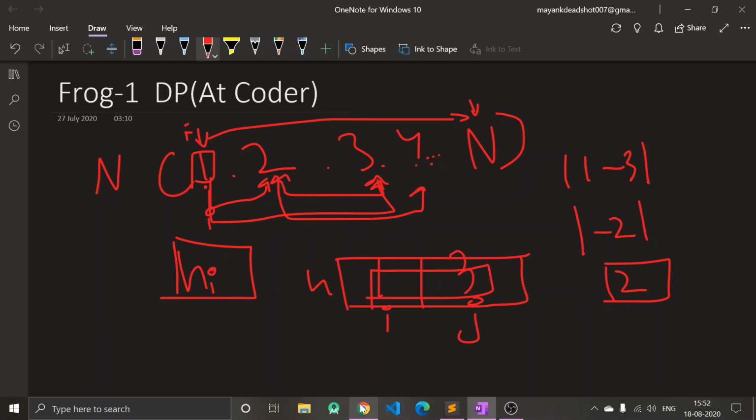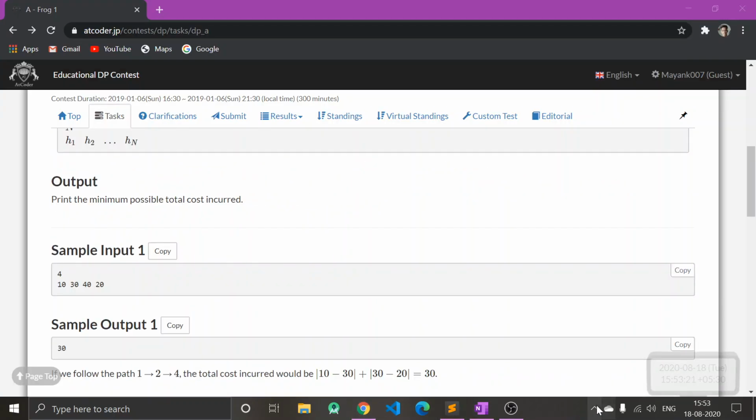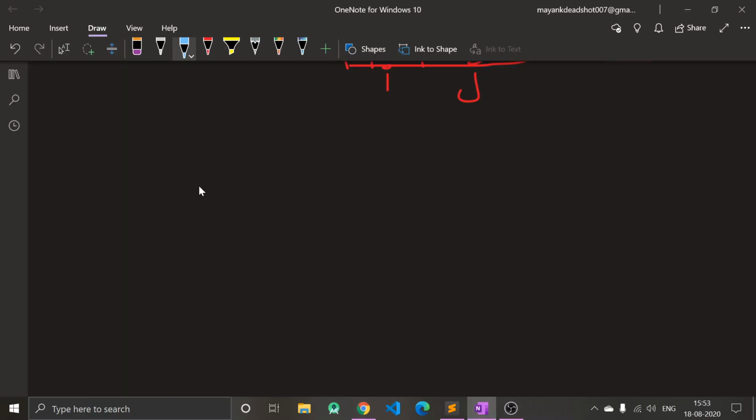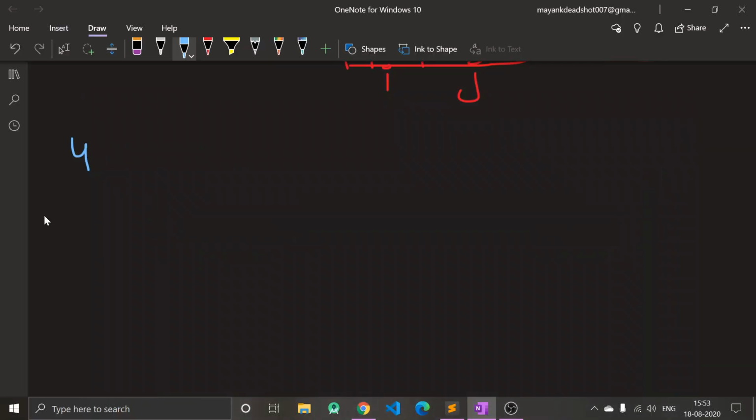So how can we solve that? First of all, take the example: n is 4, and the heights are 10, 30, 40, 20. Let me write it for your reference.